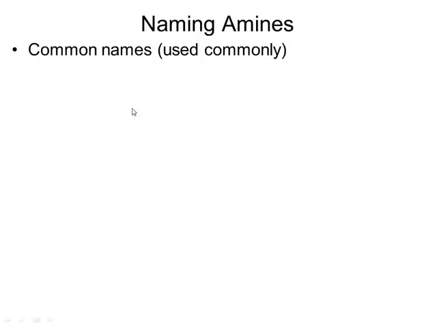So naming amines, common names, used most commonly. This is what, in the real world, you mostly see. You don't see IUPAC names hardly at all. It's pretty much only the common names. And these are going to be very much like the common names we used for ethers. Remember, an ether, if you had something like this, you'd call this diethyl ether, or this would be ethyl methyl ether.